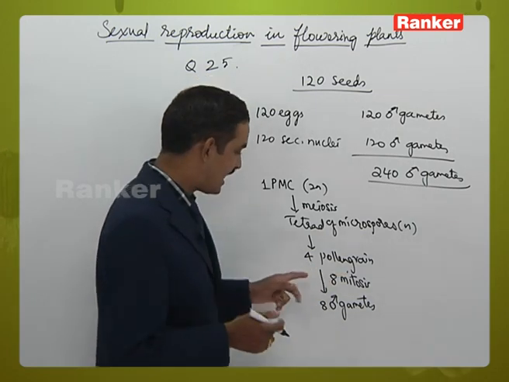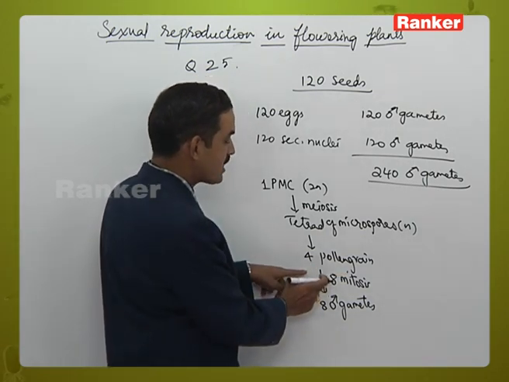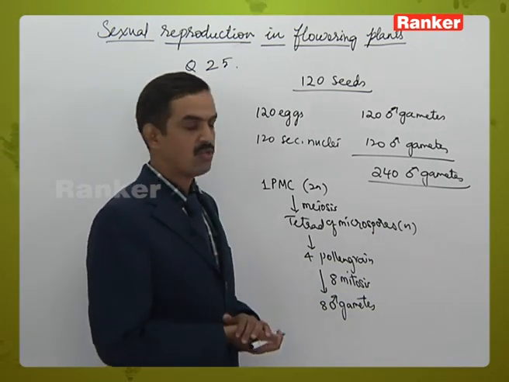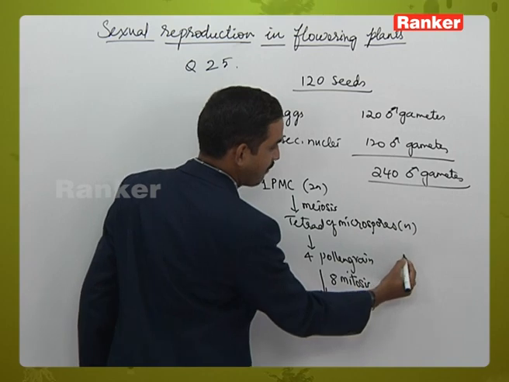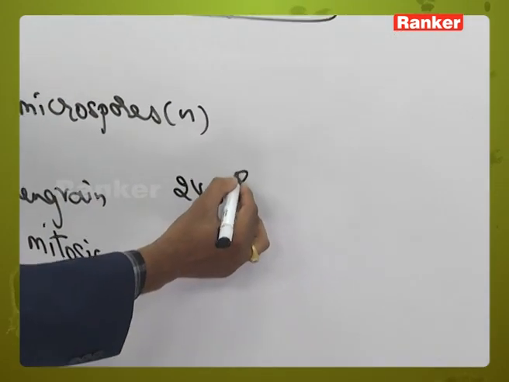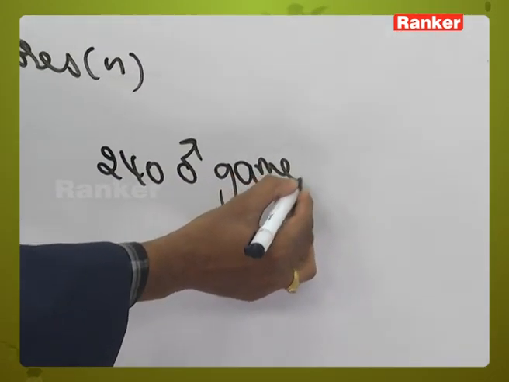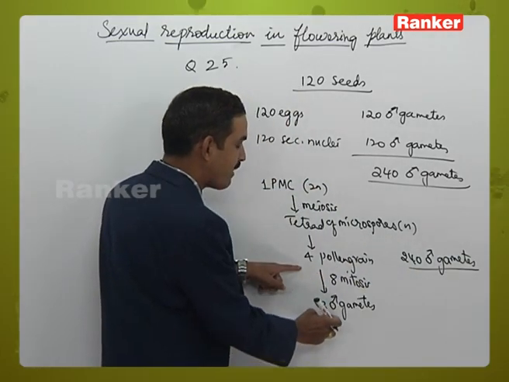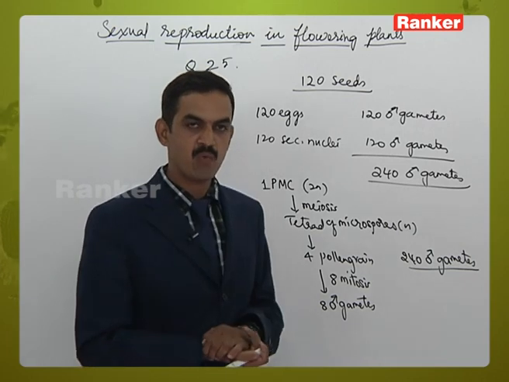So there is a small relation: the number of mitotic divisions and the number of male gametes formed will always be equal. Okay. So here in the question it is about the formation of 240 male gametes. As I said, the number of mitotic divisions and the male gametes are equal, or 1:1 in ratio.